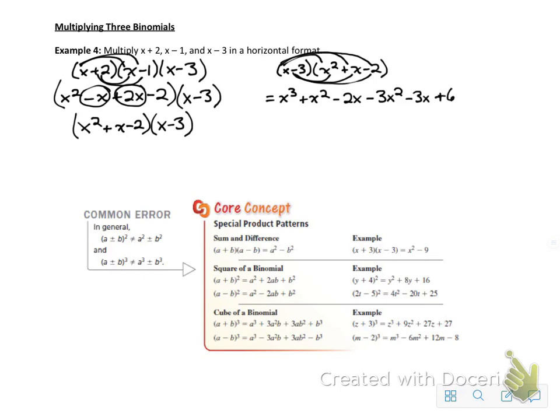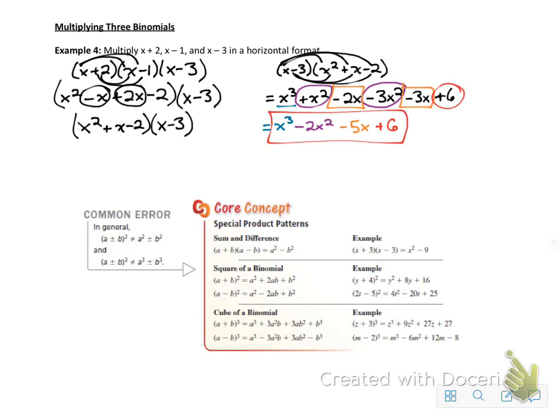We combine our like terms, so we have x cubed here, so we get x cubed. We have our x squareds that we put together, and that gives us negative 2x squared. We have x's, so we have negative 2x minus 3x is negative 5x. And then our lonely number, that's all by its lonesome, the 6. And that's what you get. So that's our final answer.